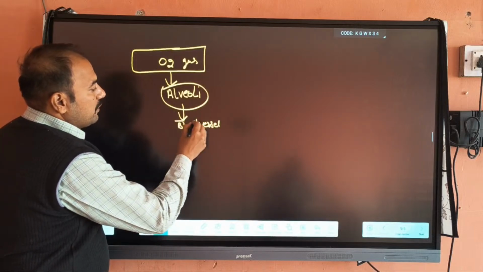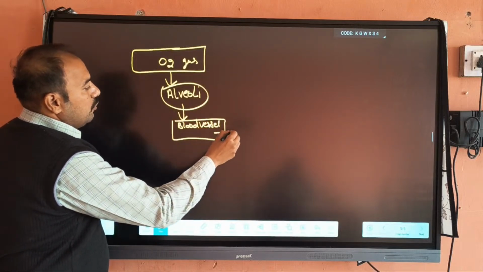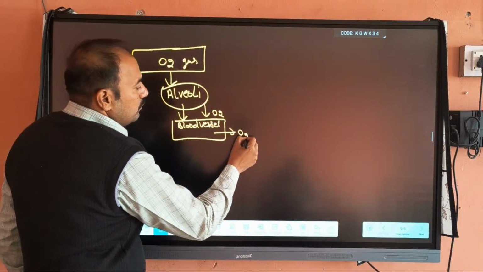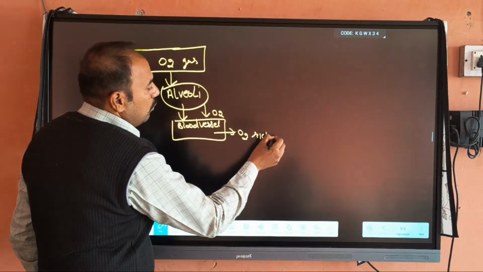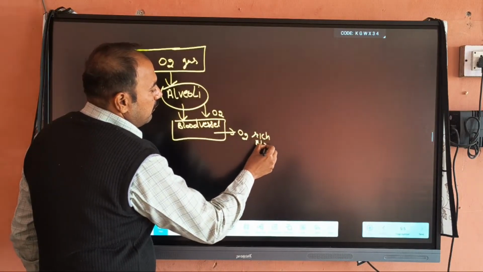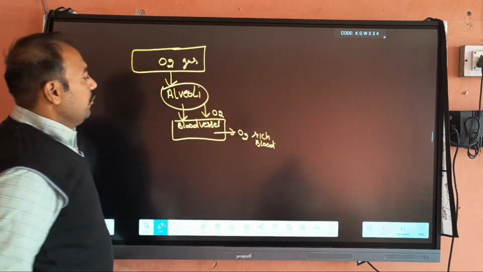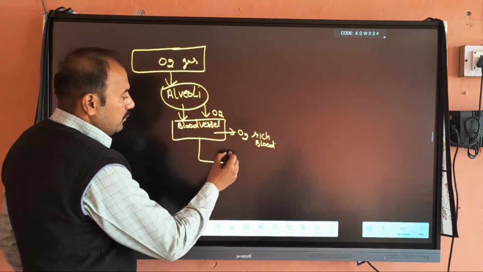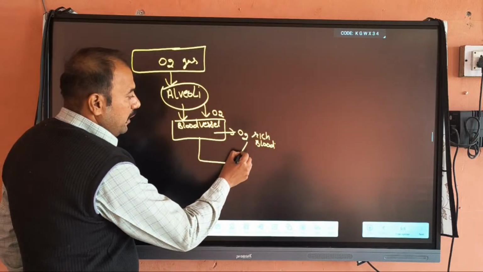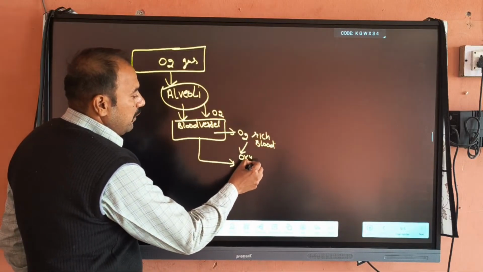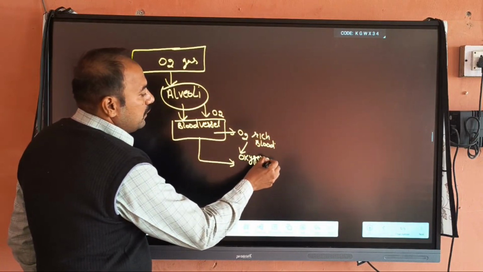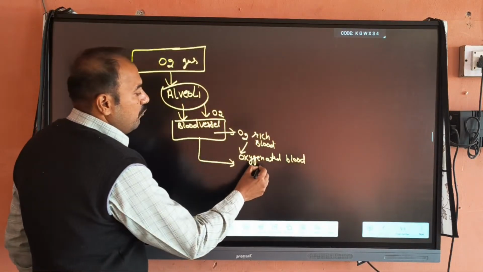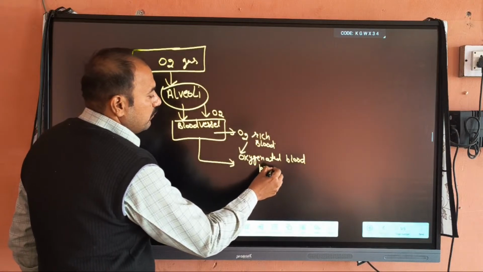Here the O2 goes into the blood, which becomes O2 rich blood. This O2 rich blood is supplied to the different parts of the body. That is known as oxygenated blood, or sometimes we say it is pure blood.